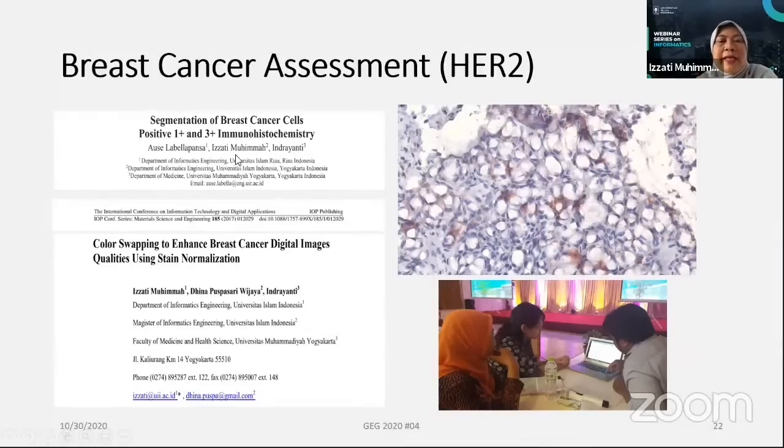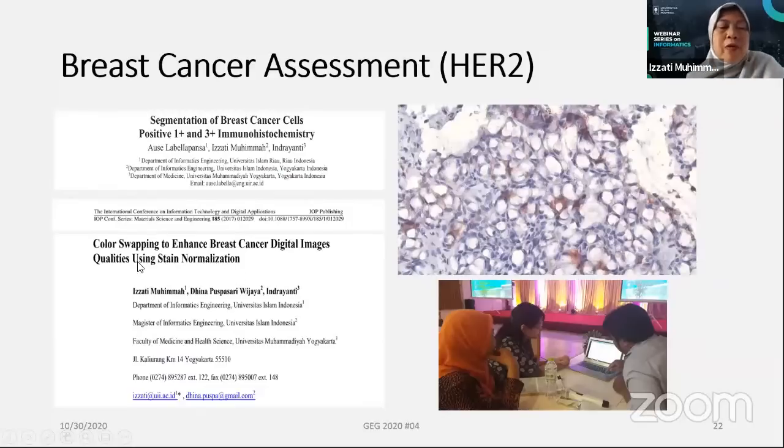We process the image that has been stained by the immunohistochemistry approach. There are some stains on that, and then the normalization: some are clear, some are not, the brown color on the border. We also need to do the pre-processing.